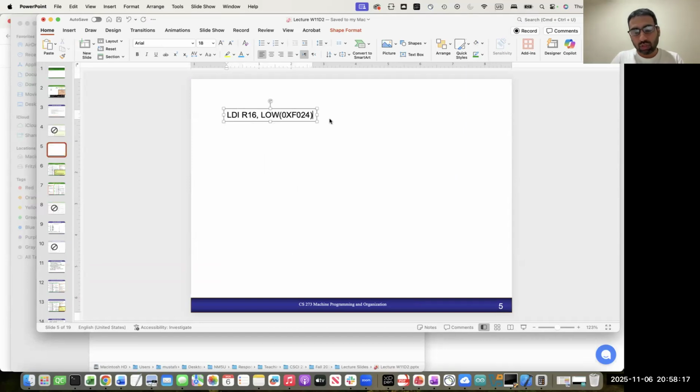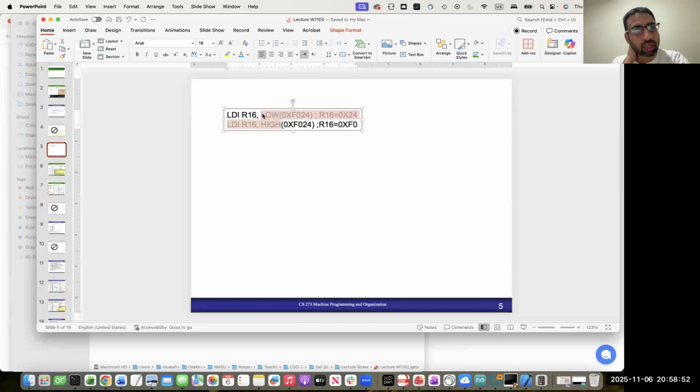We said that what it will do is basically put in R16 the value 0x24. And we also use the high directive, right? And we said that it will put in R16 the value of 0xF0.